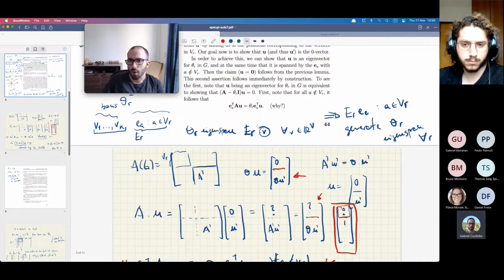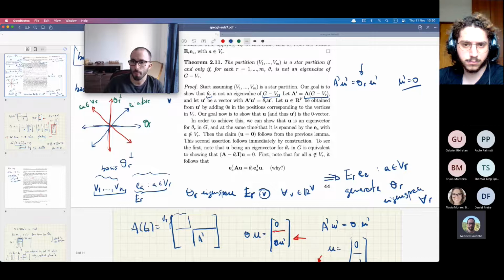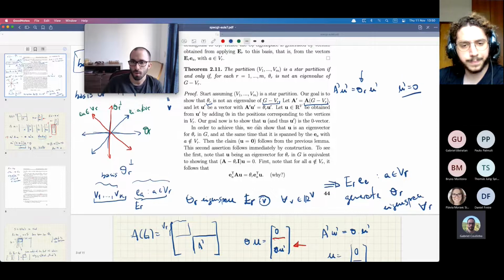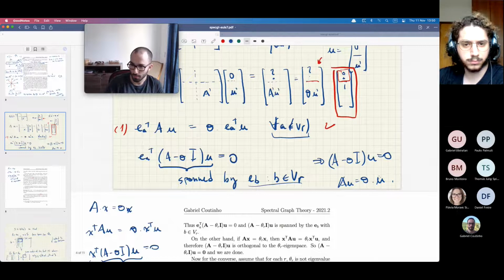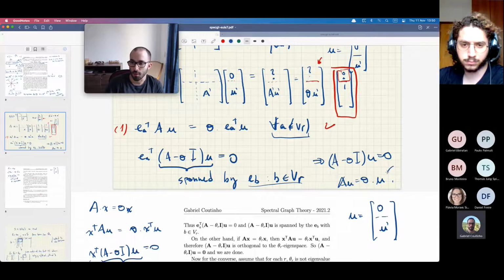But now there is a problem. What is the problem? U is of the form a bunch of zeros, U prime. So this is saying that U is in the theta eigenspace and is also spanned by the guys outside, which again, from the lemma, implies that U must be the 0 vector.